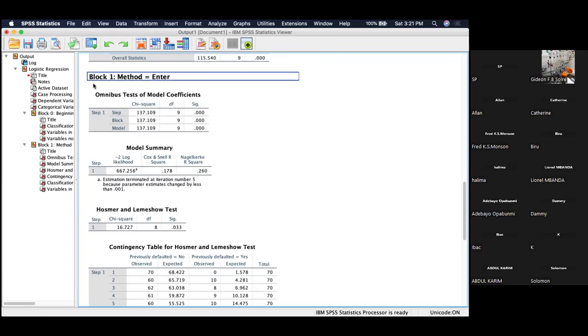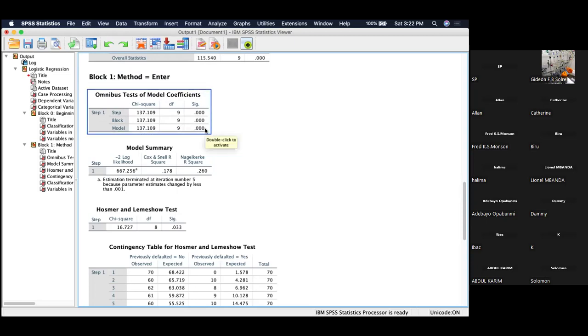This table is telling us how well our data fits the model. So we would expect the significance value to be less than 0.05. As we can see here, the model has 0.000, which is significantly lower than the threshold value of 0.05. So this shows that our data set fits the model accurately. This test uses a chi-square distribution.